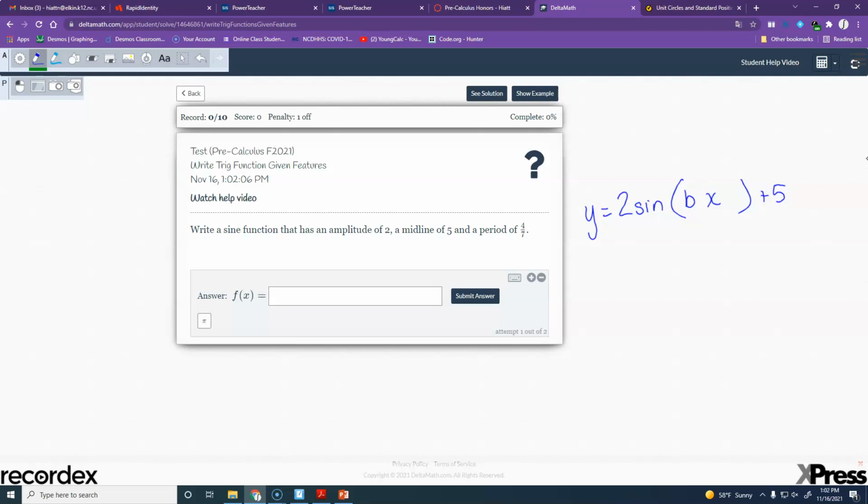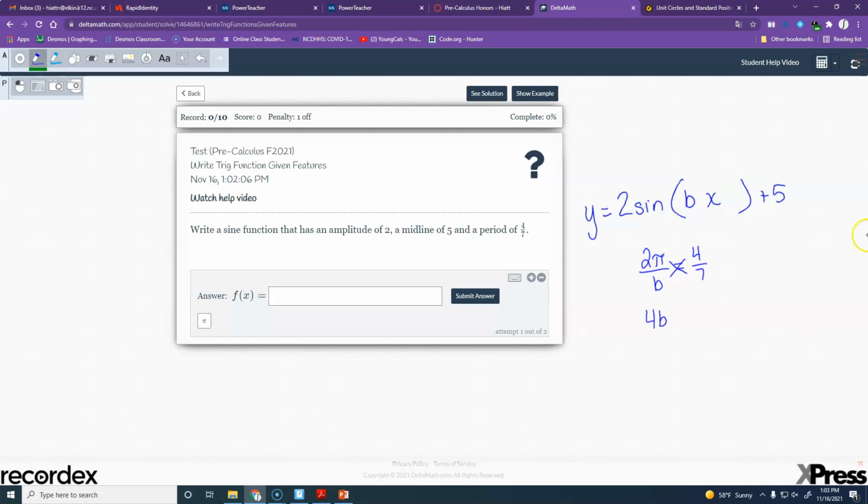So that was not as easy to come up with off the top of your head, right? But to find the period, we always do 2 pi divided by b. And so 2 pi divided by b is supposed to give us, in this case, 4/7. If we solve that equation for b, we could cross multiply.